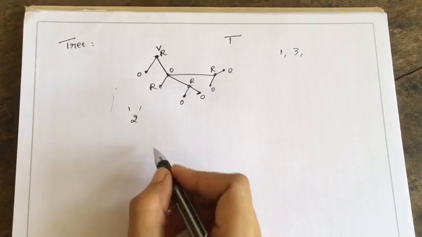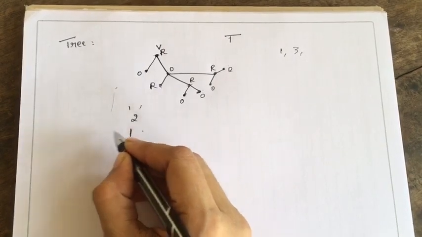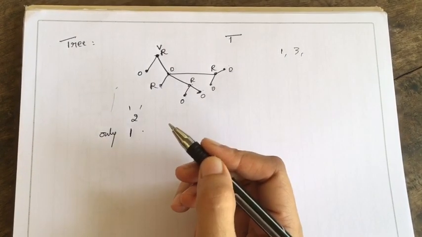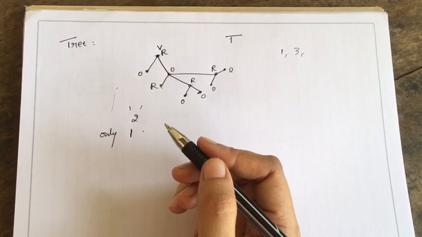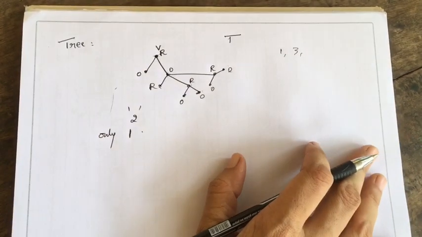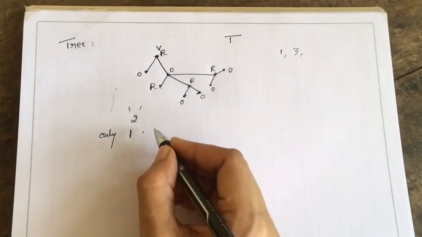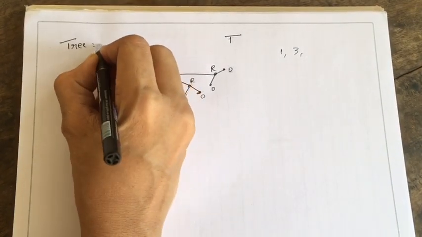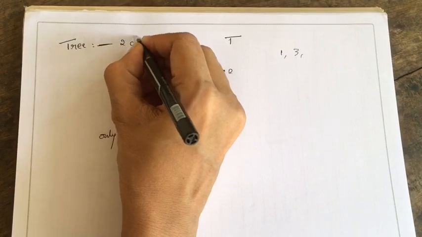Since I know that there exists only one path between any two vertices in a tree, and no two adjacent vertices have the same color, therefore I can say that a tree is always two chromatic.